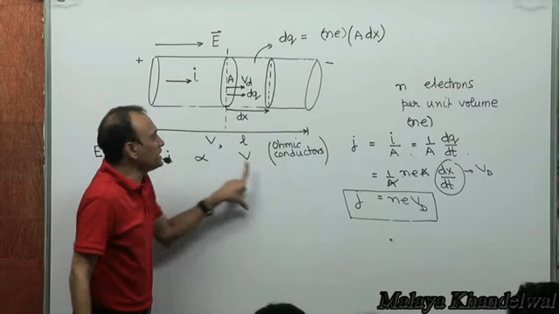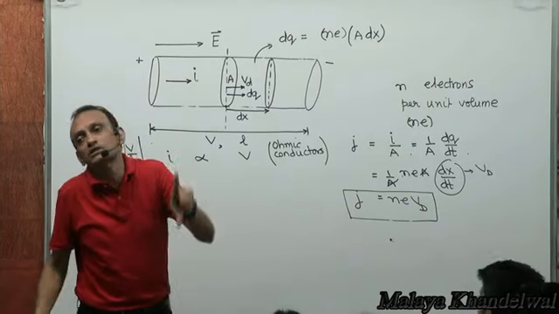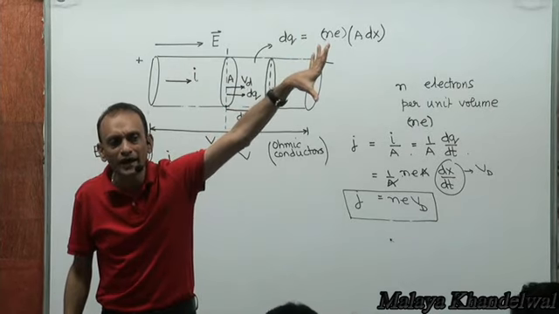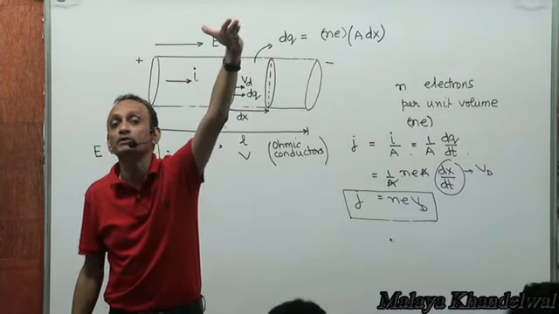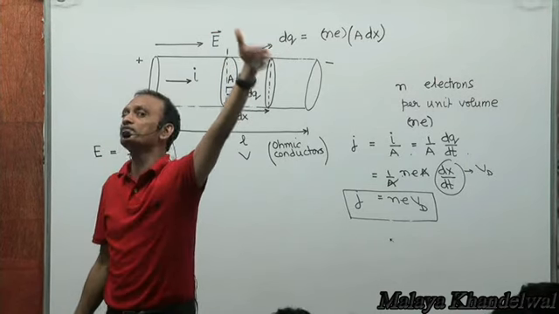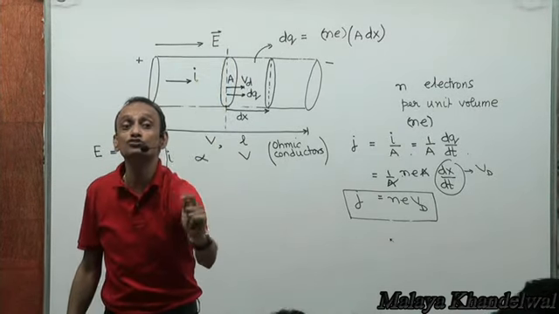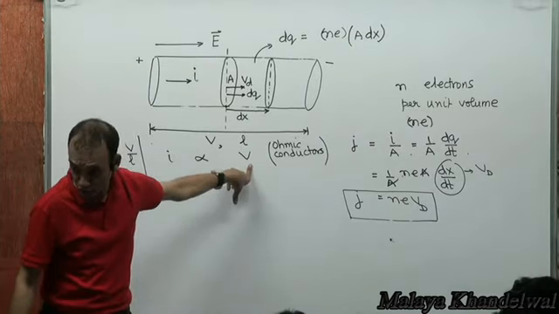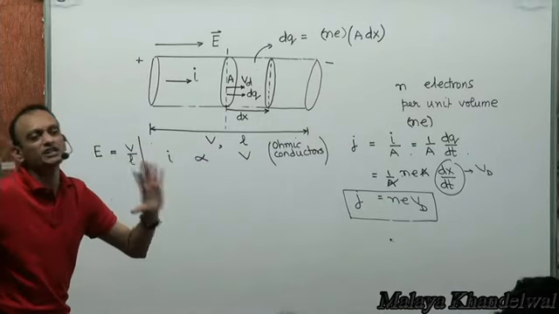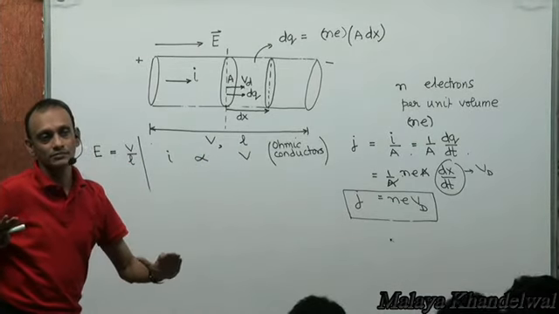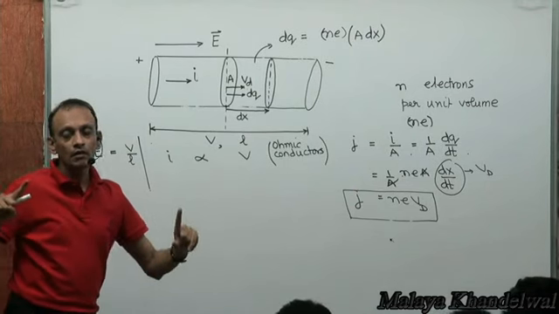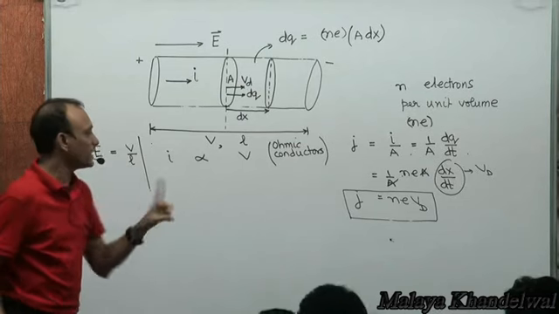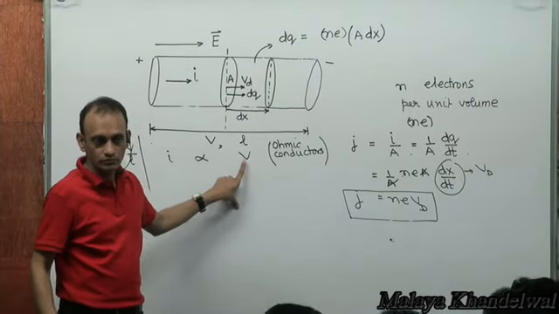If I elevate the temperature, then it is possible that at higher values of temperature, it ceases to respect the linearity between current and voltage. So there are a lot of limitations around this condition. One, it must be carried out at a constant temperature for a given conductor. Then current will be proportional to V.